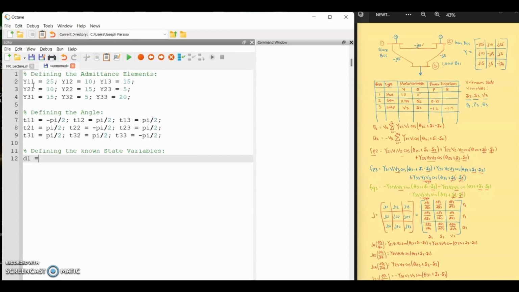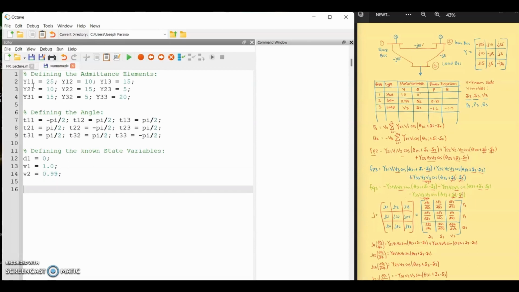Delta 1 is equal to 0. B1 is equal to 1. B2 is equal to 0.99.